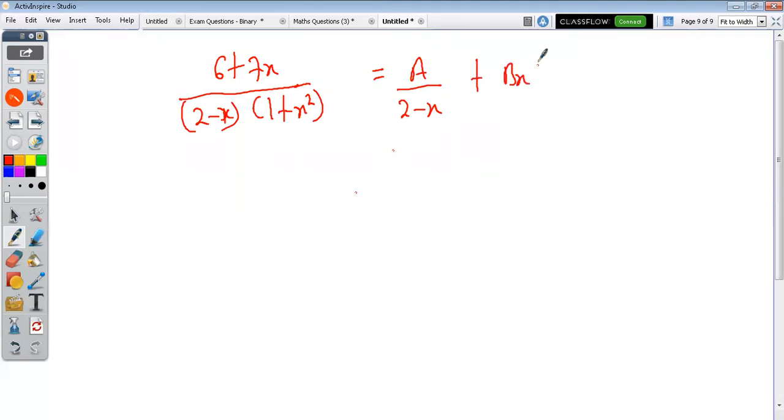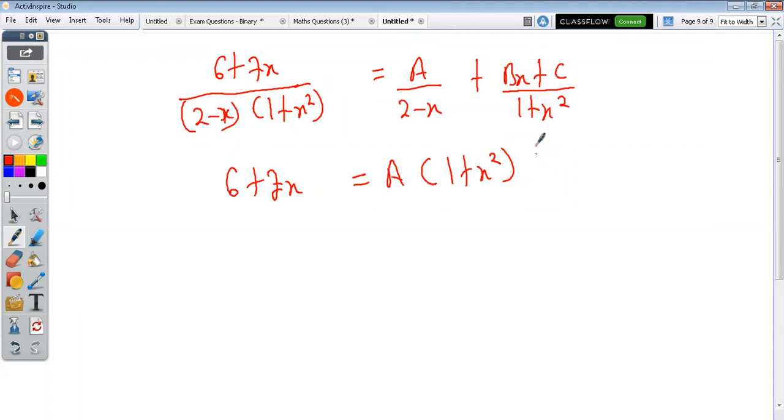So bx plus c over 1 plus x squared. That's why you need to identify the format first, for us to get it correct. So I'm saying 6 plus 7x is equal to a of 1 plus x squared plus bx plus c brackets 2 minus x.